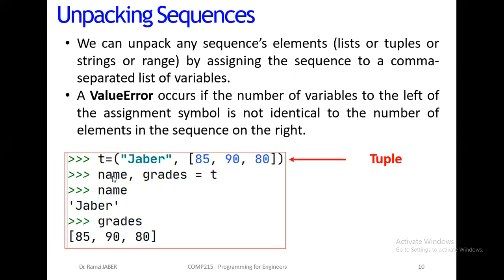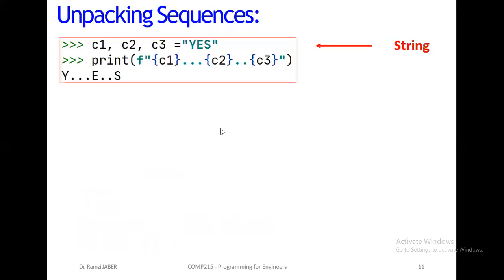So now I want to define two different variables, name comma grades equal to this tuple. Now name will be equal to the first element Jabir, grades will be equal to the second element, a list. Okay, also we can do the same to the string.